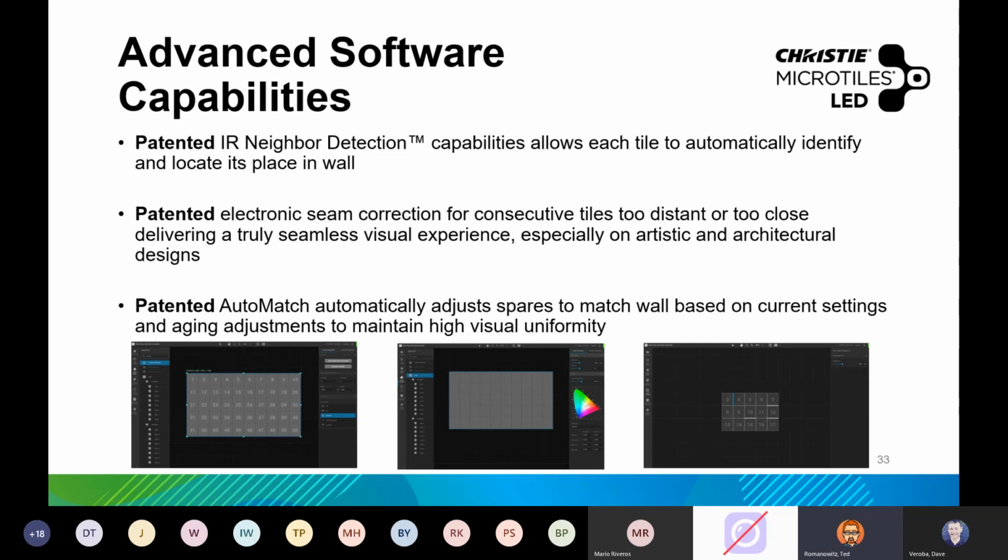But sometimes, when you're joining two sheets together, there is a little bit of work that needs to be done on the seam correction. And I also mentioned the AutoMatch and the anti-aging capability, which are quite unparalleled in the industry. Next slide.